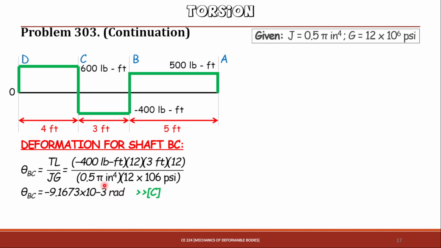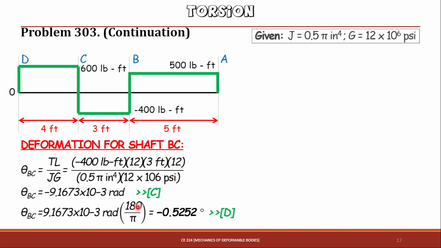Sorry, PowerPoint messed up the presentation again. It should be 10 raised to negative 3. To convert to degrees, we multiply by the conversion factor 180 over pi, and we get an angle of twist of negative 0.5252 degrees. And again, we store it in D.